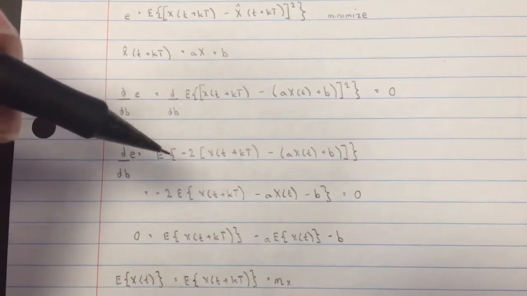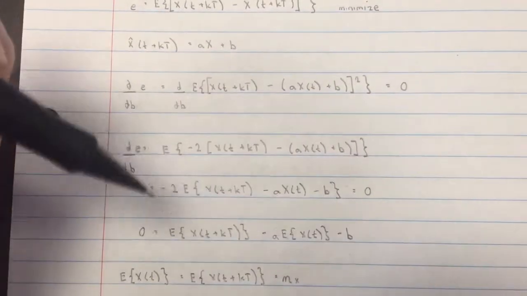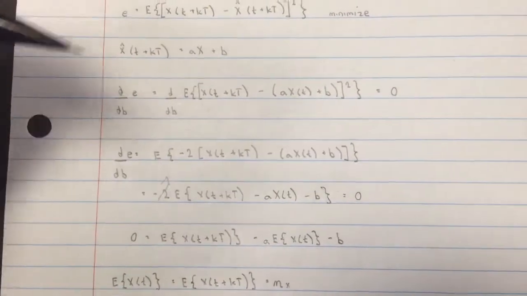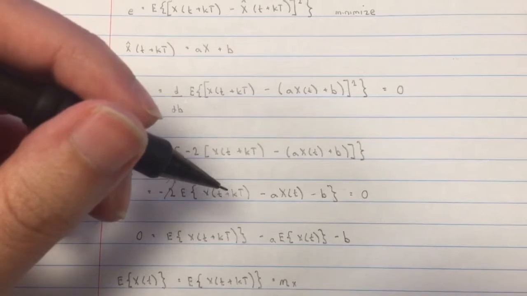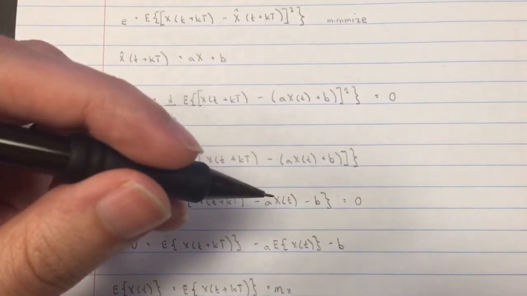Because of the expected value, the -2 just comes out, and because it's equal to 0, the -2 ends up disappearing anyway. So we get the expected value of x of t plus k big T minus a times x of t minus b.